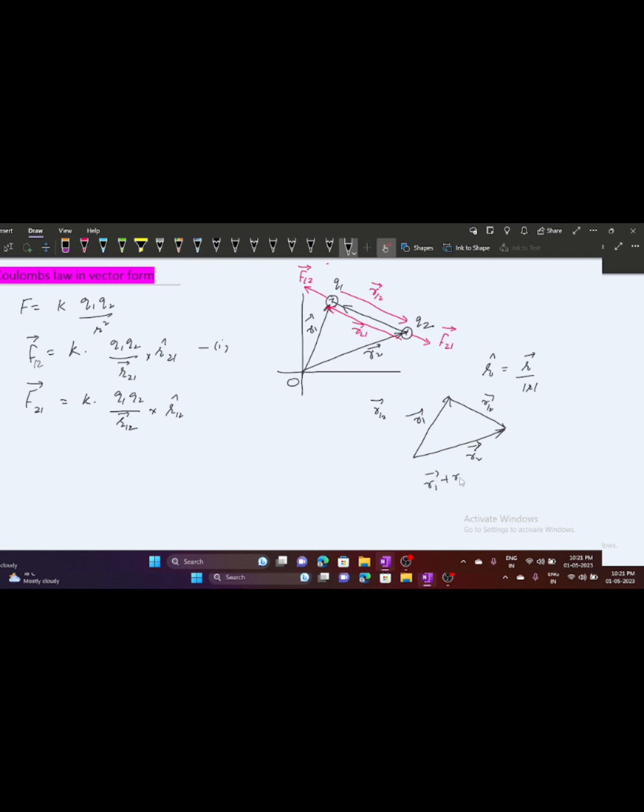So R1 plus R12 will be equal to R2, hence R12 will be equal to R2 minus R1. Similarly for R21, in this triangle R2 and R21 are in the same direction, so their resultant will be equal to R1. So R21 will be equal to R1 minus R2.